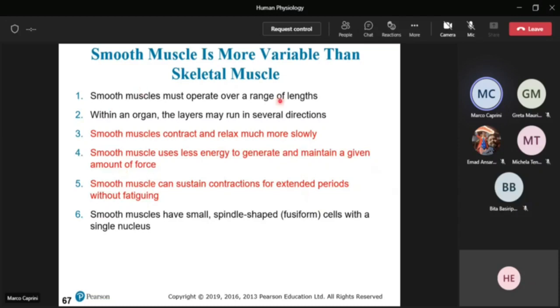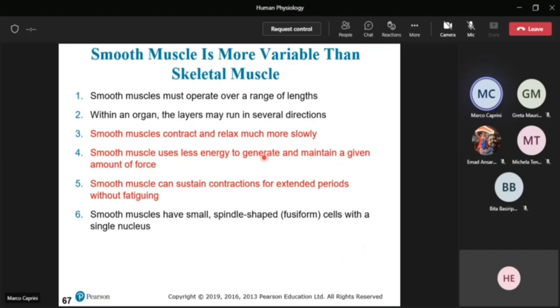For example, you can see here smooth muscle must operate over a range of length. Okay, again, we already analyzed it, but think of the bladder that contains smooth muscle cells all around it, in the wall. It is going to fill with urine, but not all the urine at the same time.